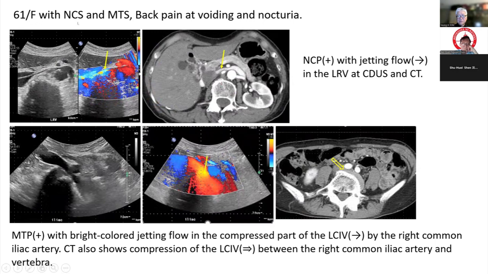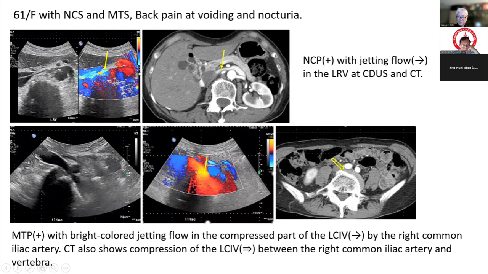A 61-year-old woman with nutcracker and May-Turner had back pain, voiding symptoms, and nocturia. Clearly there is a nutcracker phenomenon here in ultrasound and also in CT scan. And this is the left common iliac vein and right common iliac artery. I tried to rotate the transducer, making the Doppler angle better, but this is all I can do.